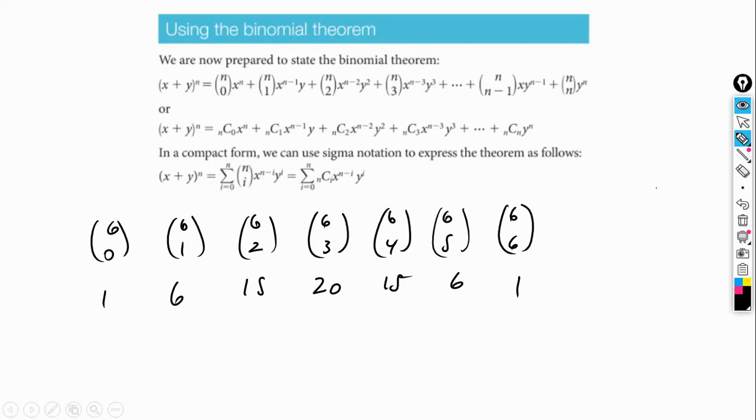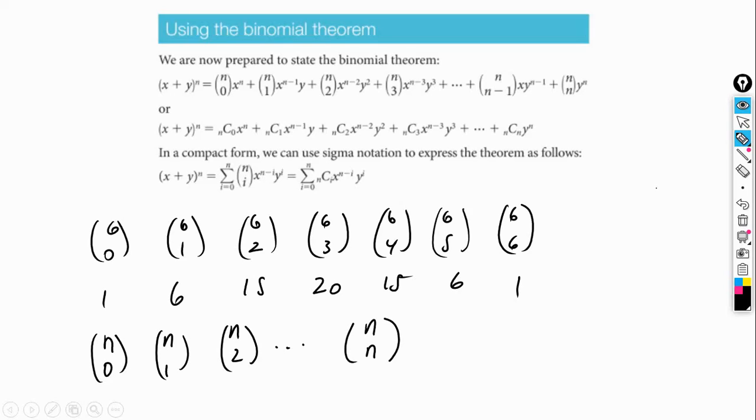So we could generalize for any power, right? We could say the pattern is n0, where n, of course, is the power of the binomial, and then n1, and then n2, and so forth, all the way to n, right? That's what we see here.